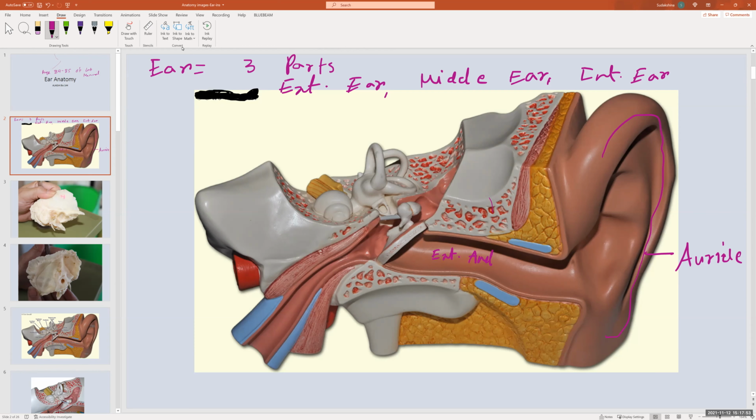Recall that we learned this in the beginning of the semester when you learned about temporal bone, external auditory canal. The beginning of the canal, basically the entryway into the canal, this is what you refer to as external auditory meatus.